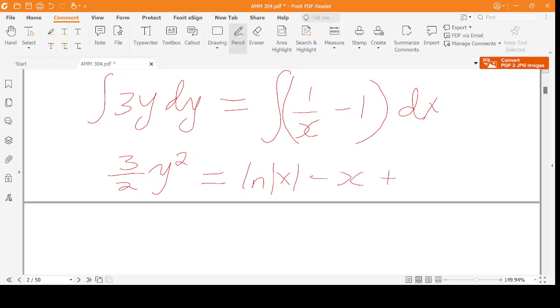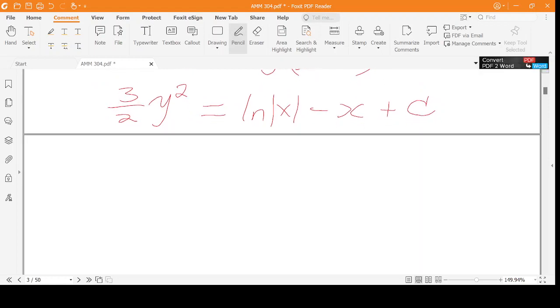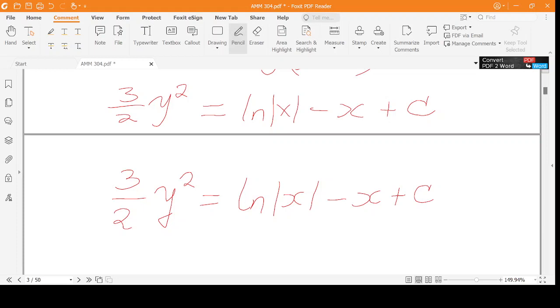Then I have c, the arbitrary constant of integration. So I can write the result down here again. 3 over 2 y squared equals ln of x minus x plus c, which is now the general solution of the differential equation.